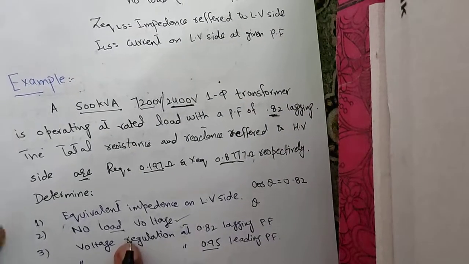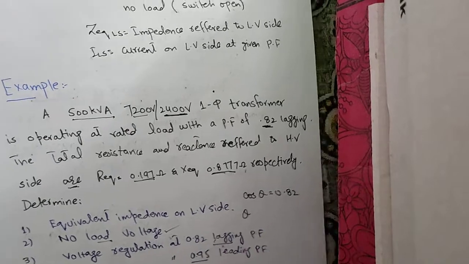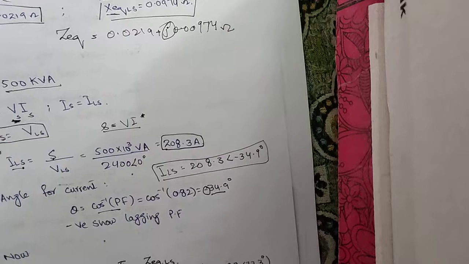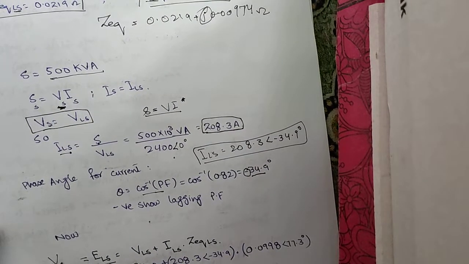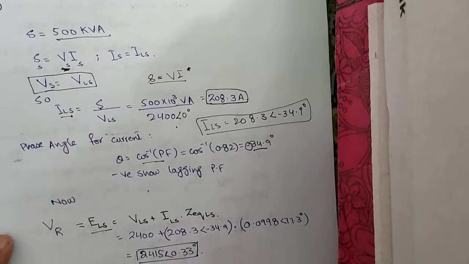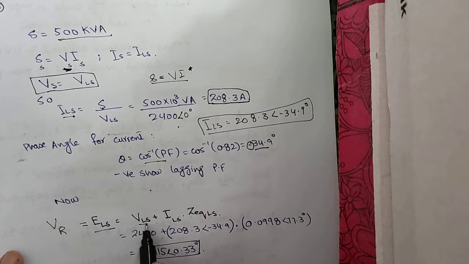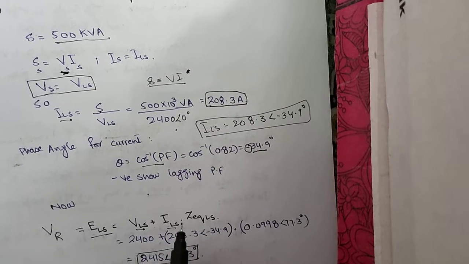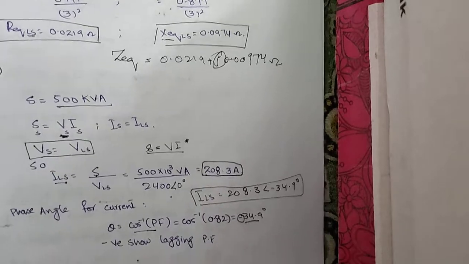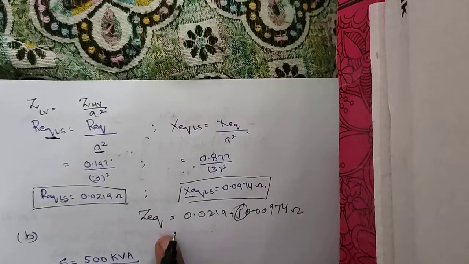Now, in the third part, you have to calculate voltage regulation at 0.82 lagging power factor. So you have to calculate the ELS, or I can say that you have to calculate VR, the rated output voltage, which is equal to VLS as learnt in the previous formula, plus ILS, which is calculated here, times Z equivalent LS, which is calculated here.